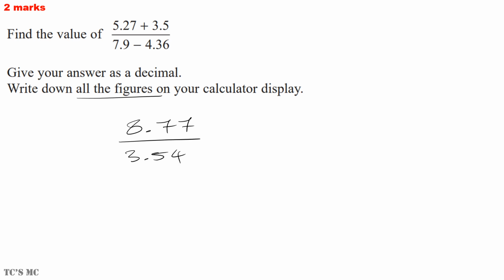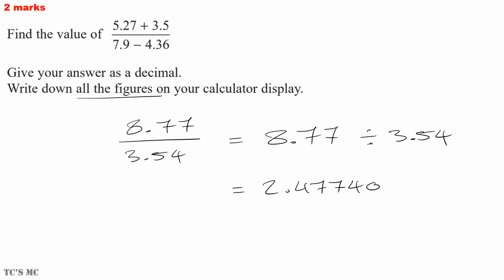If your calculator does not have the fraction button, you need to type in 8.77 divided by 3.54 and that will get you 1 mark. For the final mark, you need to say 2.477411 and it does continue, but just those figures are enough.